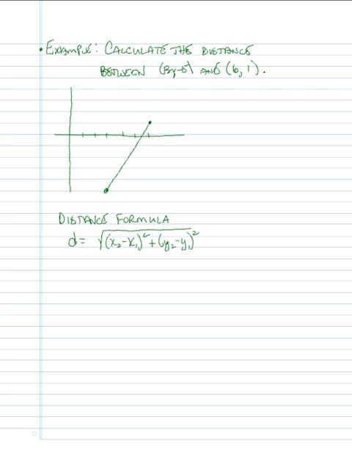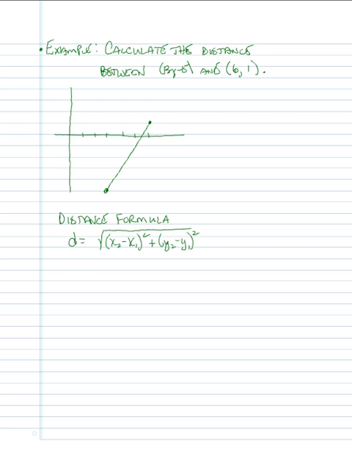But remember, it doesn't matter which one we put first. We normally keep the same order, but which one we put first doesn't matter, because the difference between the x values and the absolute value of those always gives us the distance between the x values. When we square it, we end up not needing the absolute value.